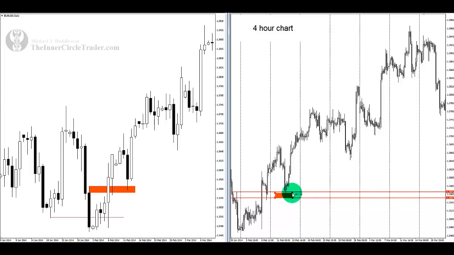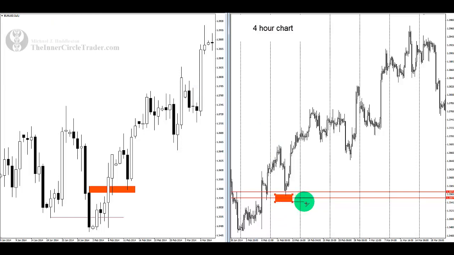So if that's what we're looking at, right about there, 7 pips, we want to go at least 10 pips below it. So there's your stop right there. This is where your stop loss would be.